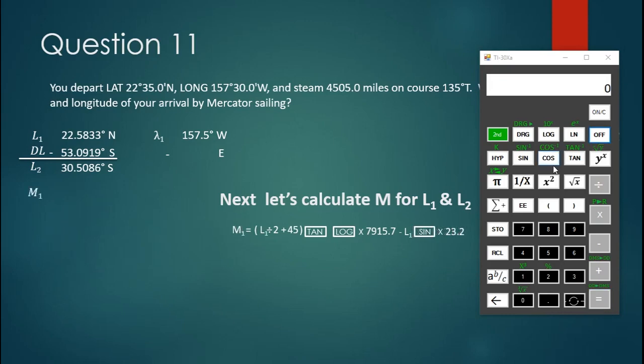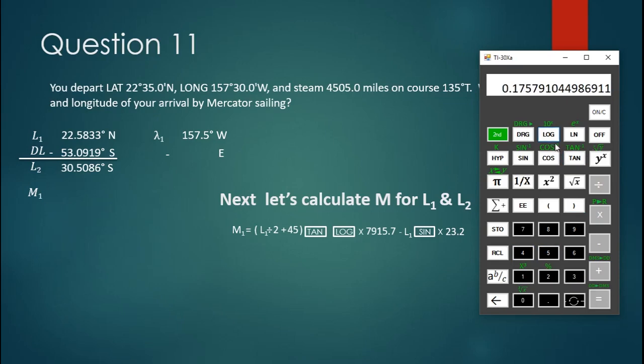So let's calculate M1. We'll start by opening our parentheses. That's very important. 22.5833 is our lat. 22.5833 divided by 2 plus 45. Close our parentheses.